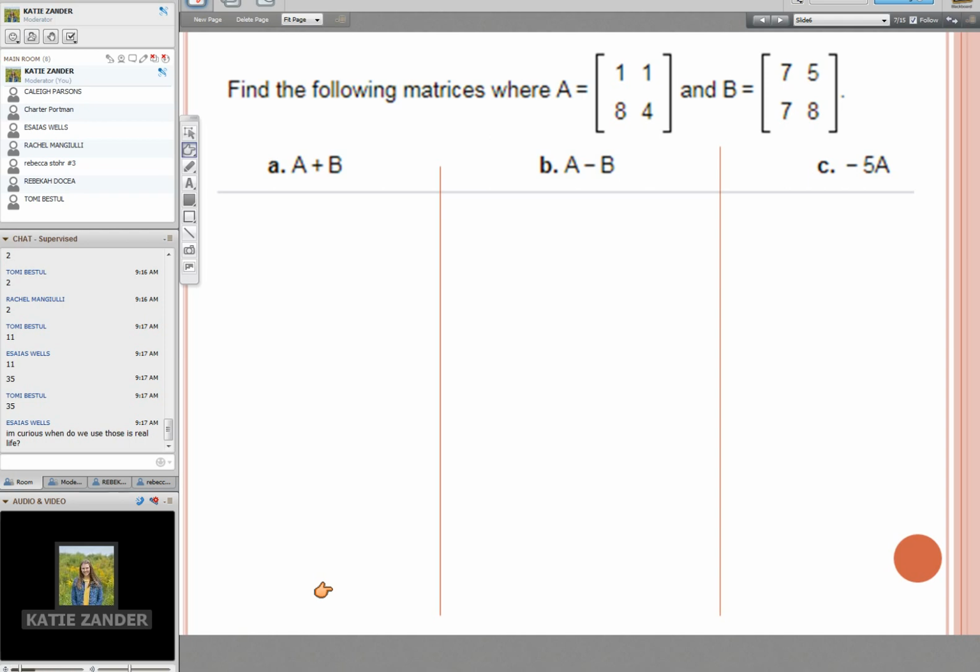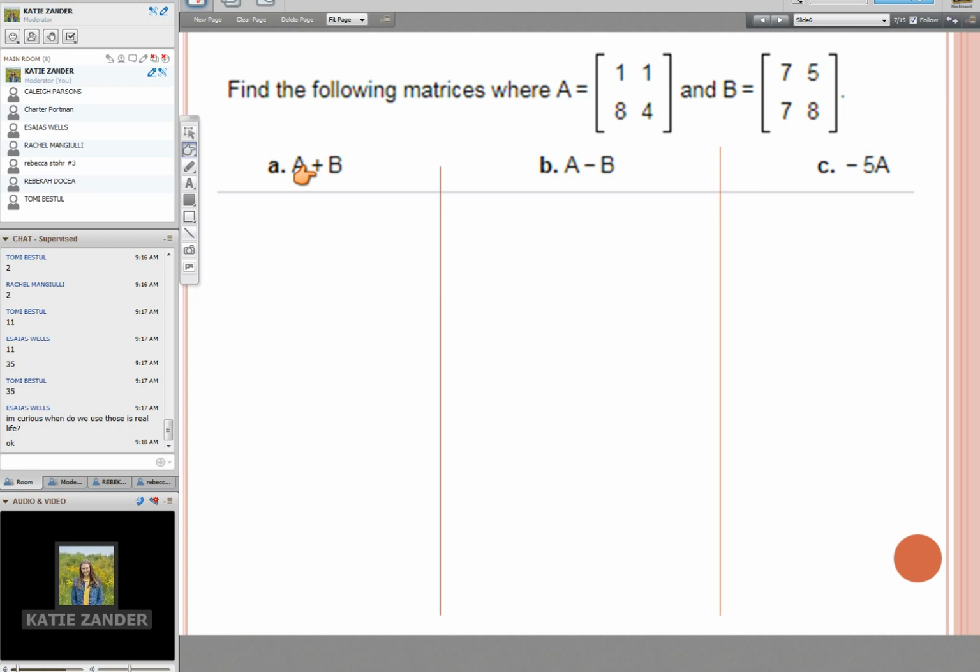This is just another tool to help us organize information. I'm not quite sure there would be too many careers or when you would use this in the real world other than helping you stay organized with your information. That's why we really haven't seen it before this point either, because there are a lot of other methods that are more handy that we can use instead. But it is a great tool to organize information a little bit better than some of the things we've seen in the past.